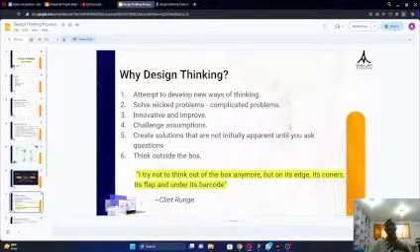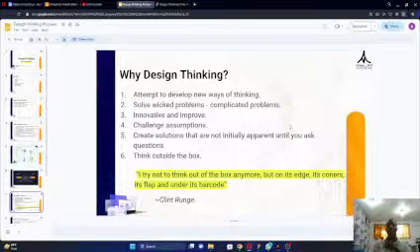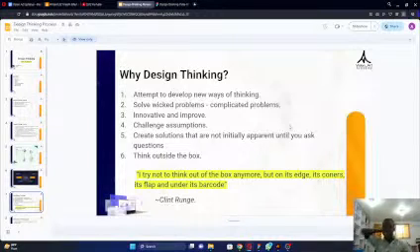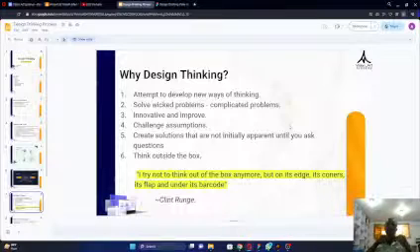And also it challenges assumptions. You might be thinking, okay, I already know what the users want, this feature is what they need. Now conducting your research, you find out that this is not even necessary. That means it's challenging what you already know, challenging your assumptions. You are not designing based on your own assumptions. You are designing for users.